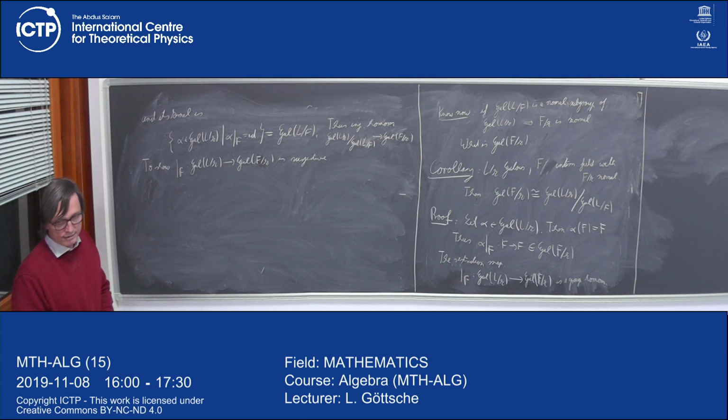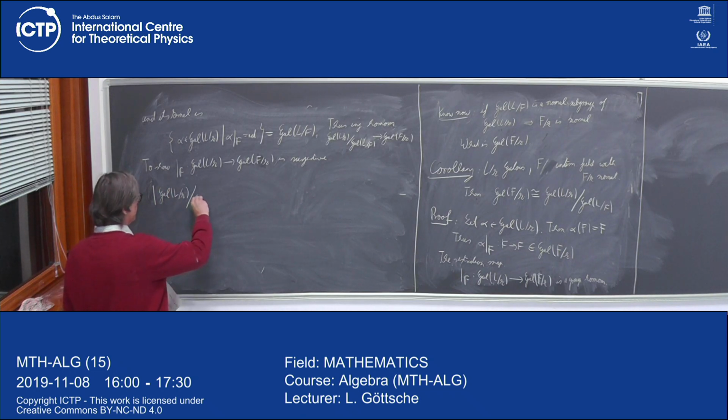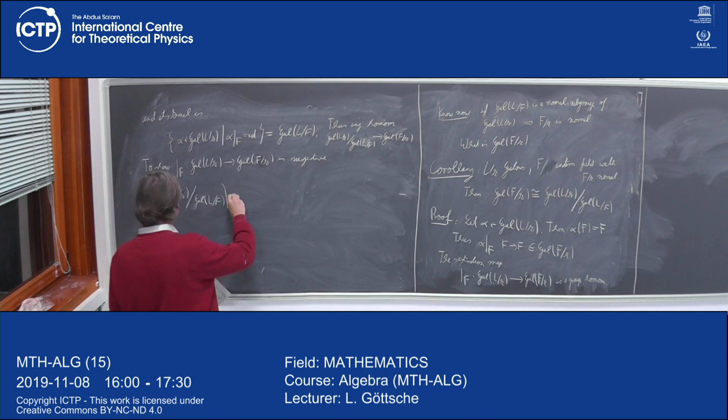So that on both sides we have the same number of elements, then it's fine. So the order of this quotient, the Galois group of L over K divided by the Galois group of L over F, this is the same as the degree.